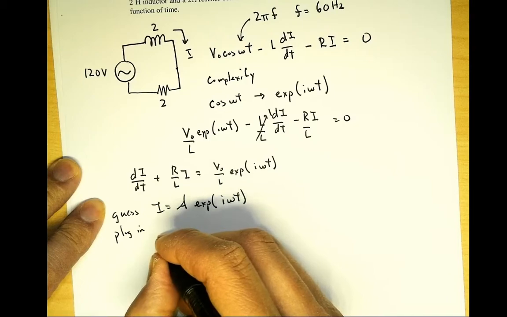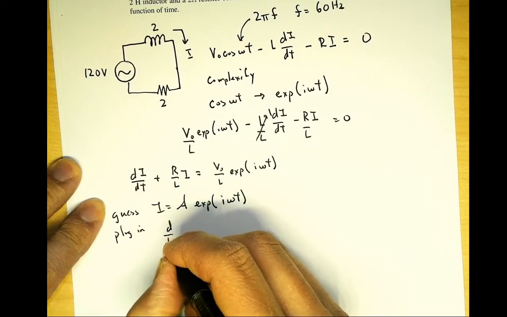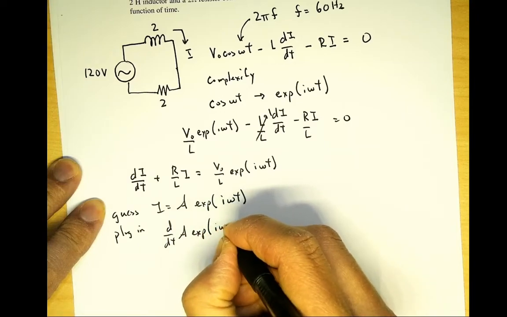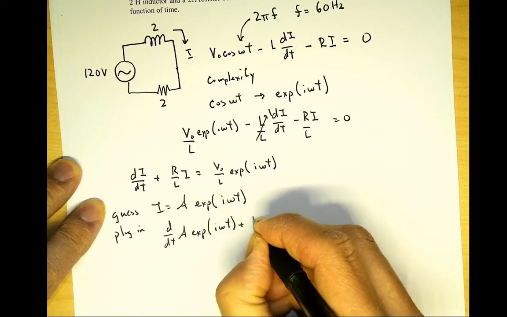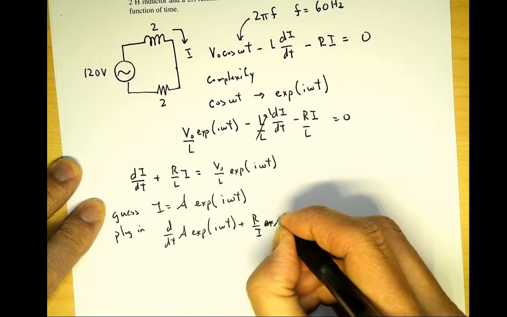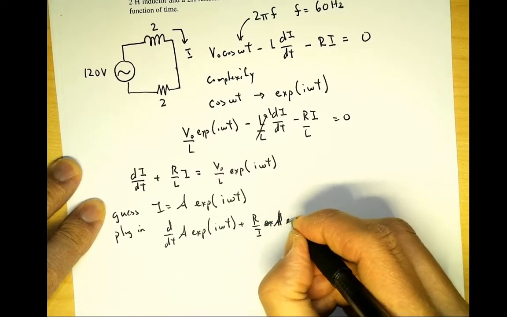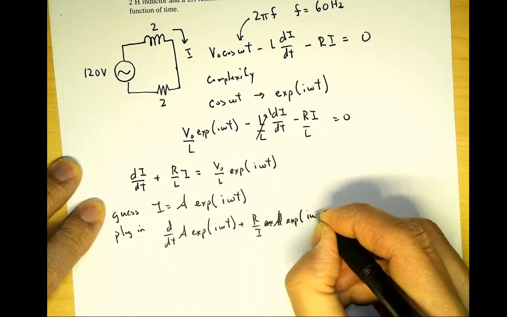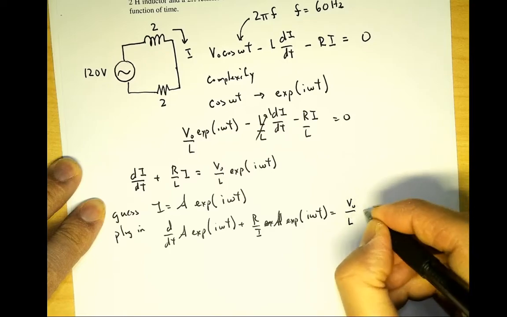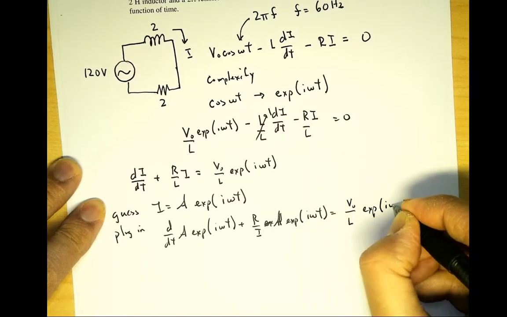What I have is d by dt of A e to the I omega t plus R over L times A e to the I omega t is equal to V0 over L e to the I omega t.